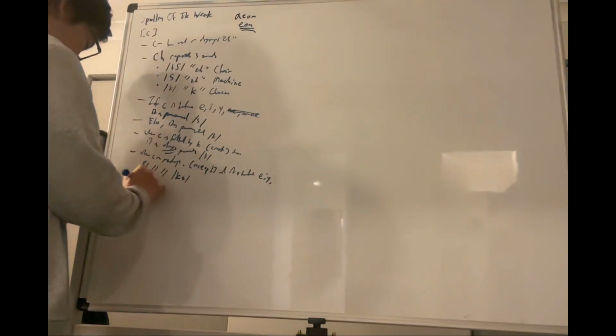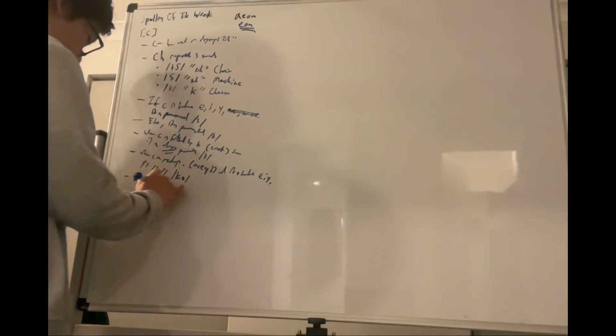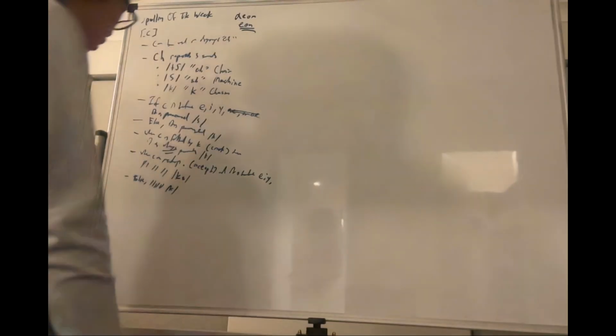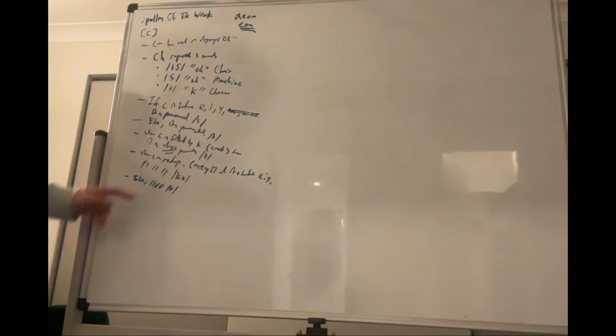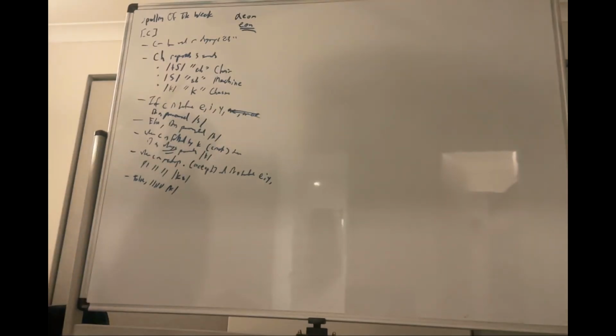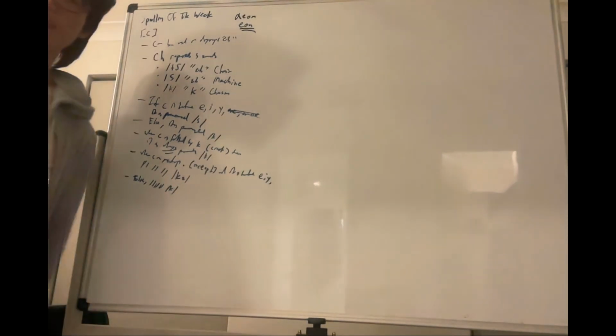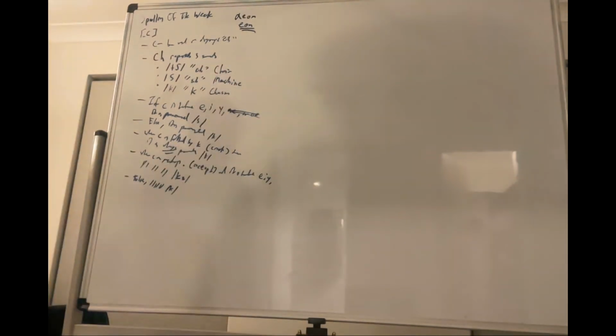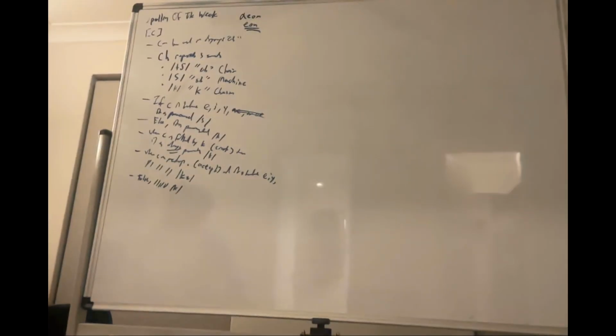Else is pronounced K. And that's it. That's how to spell C regularly. That wasn't that bad. That wasn't so bad that you need to delete C from our alphabet.